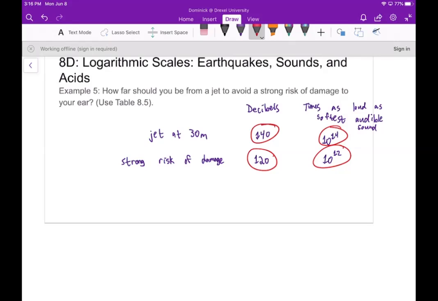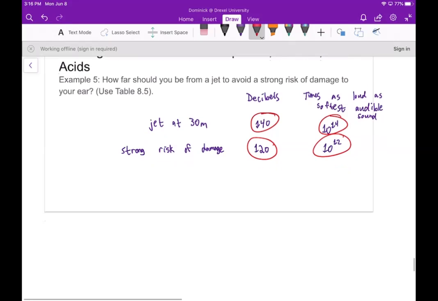So what we need to do is figure out how far we should be in order to avoid this amount of damage. We're going to use a similar approach as the last problem. We're going to look at the ratio of the intensity of these two sounds.